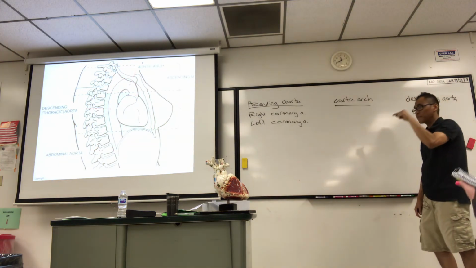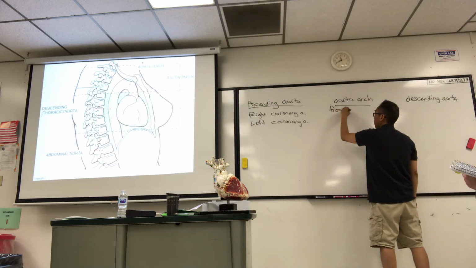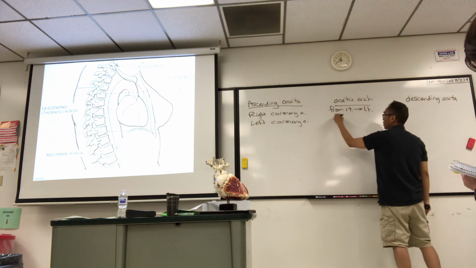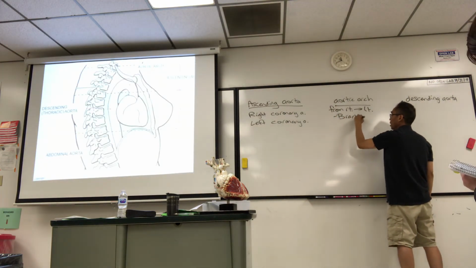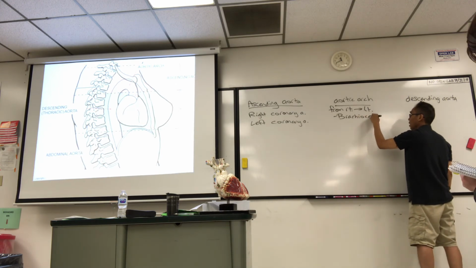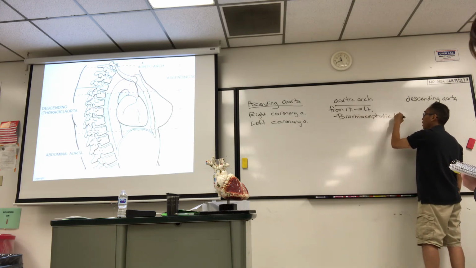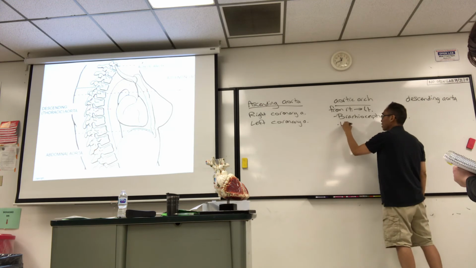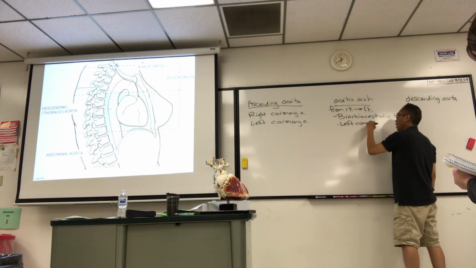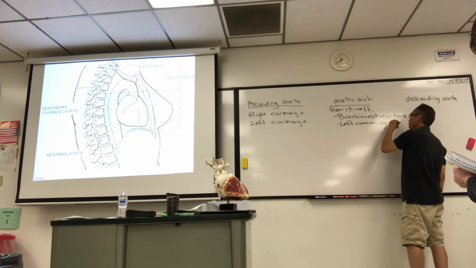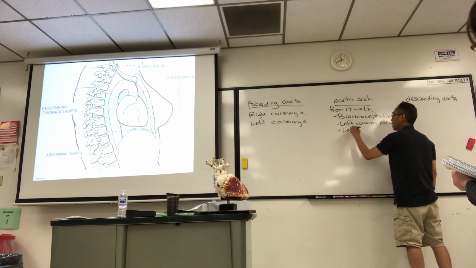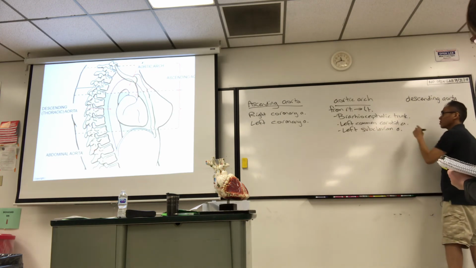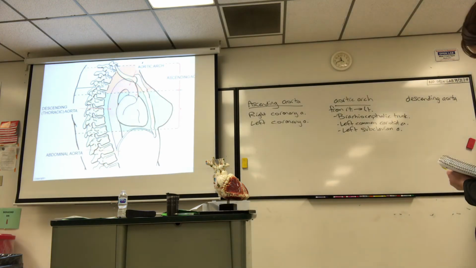From right to left, coming off the aortic arch, it goes brachiocephalic trunk, left common carotid, left subclavian arteries. These are all arteries. So those three from right to left, and we'll look at pictures of those.